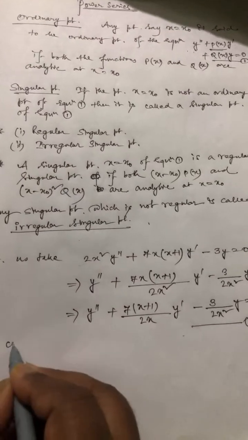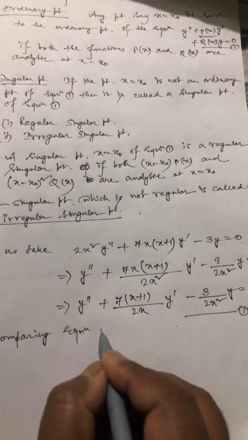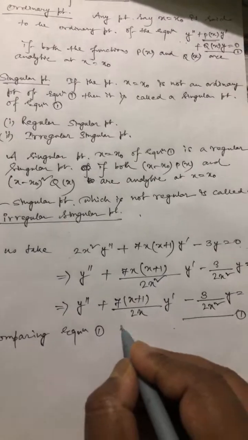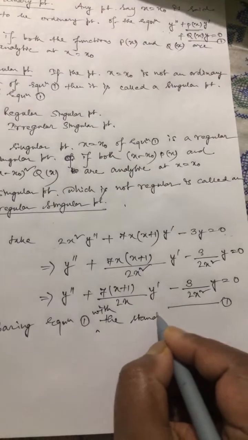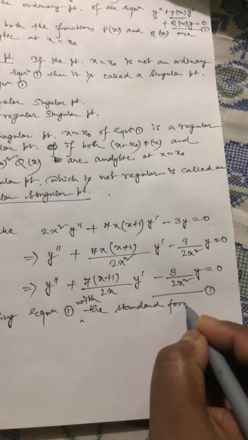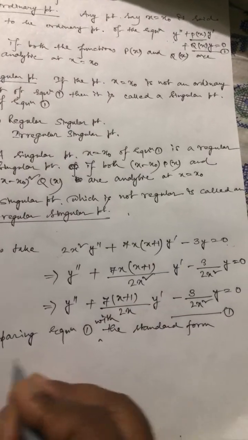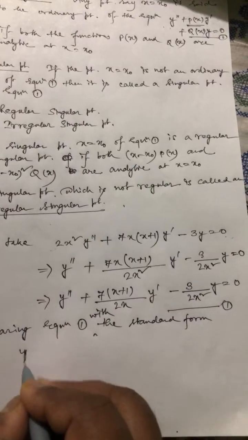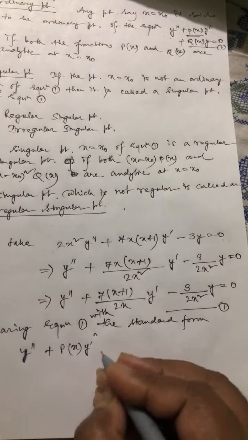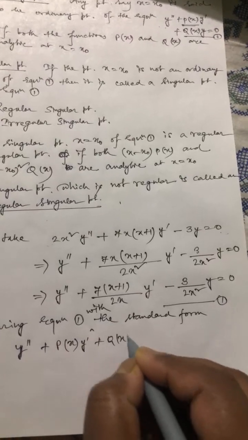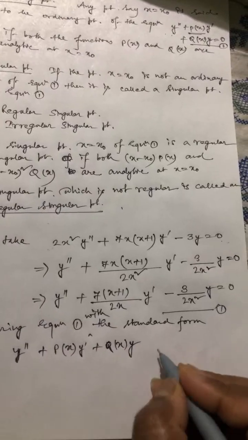Now comparing equation 1 with the standard form. What is the standard form? y double dash plus p x y dash plus q x y, that is equal to 0.